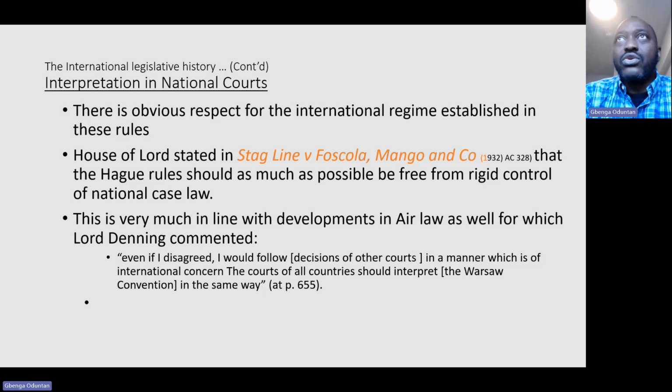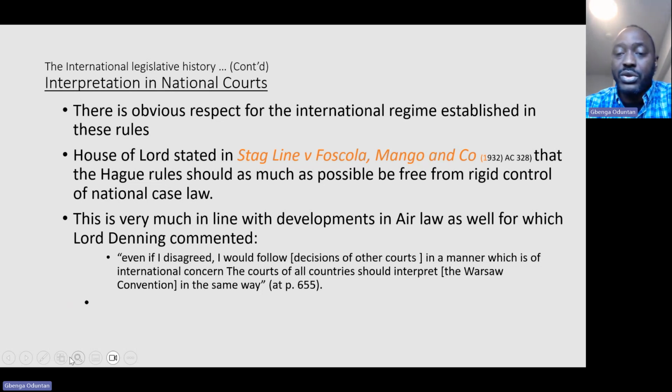And when any of the rules have been identified, courts will ensure that they are given the best interpretation which other courts have been given across the globe in relation to the meanings of the obligations. Hence, Lord Denning commented in Stag Line v Foscolo that even if I disagreed, I would follow the decision of other courts in a matter which is of international concern.